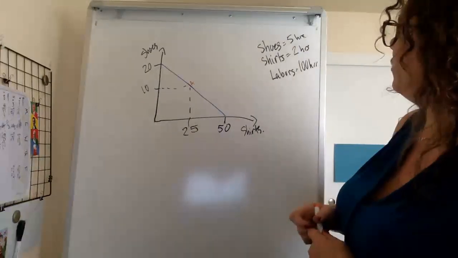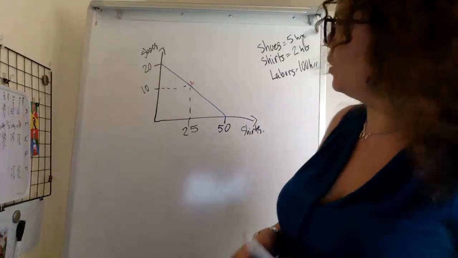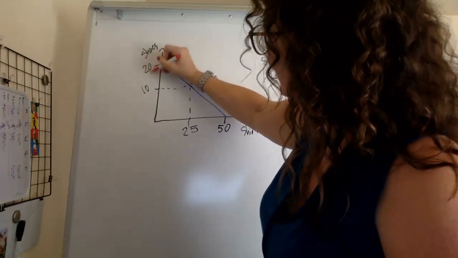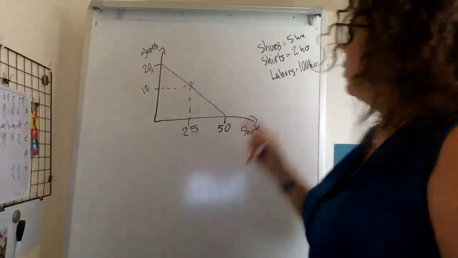We can see that if we give up 1 pair of shoes, we're going to get more shirts. So if we go from 20 to, let's say, 19 pairs of shoes, how many shirts are we going to have? We'll look at it here.